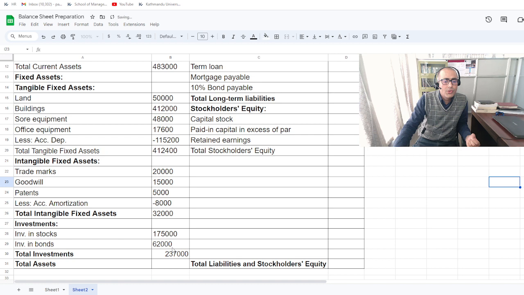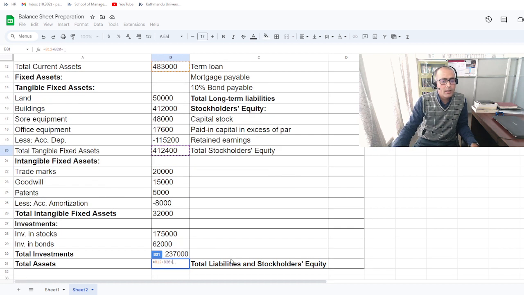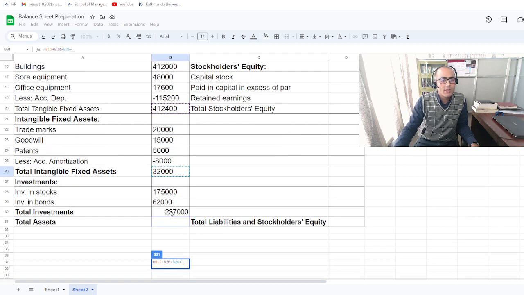Now I would like to know the total value of your total assets. You just increase the size first so that you could see it. The current assets we already calculated, the next one is the tangible part, this figure, the next one is the intangible, plus the investment. Then you just enter it.